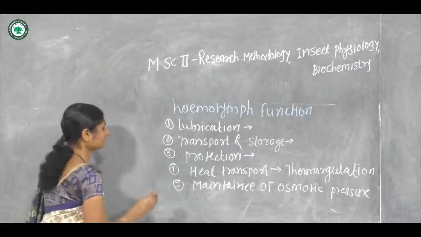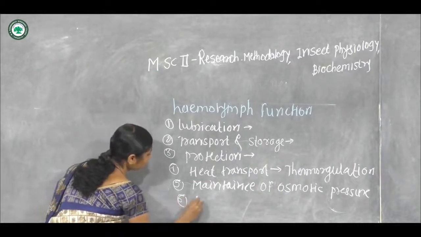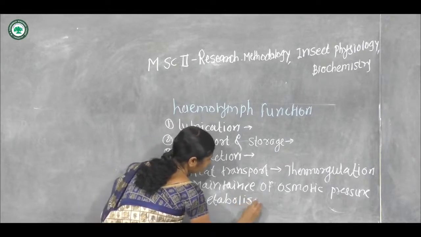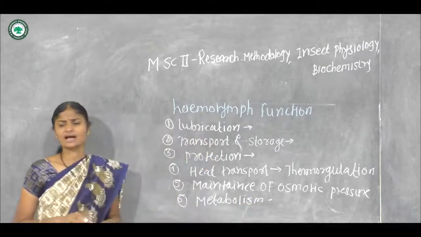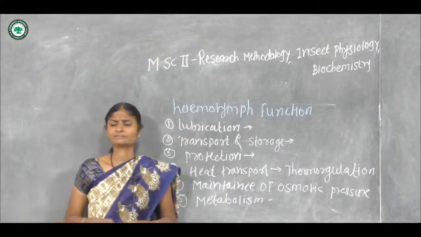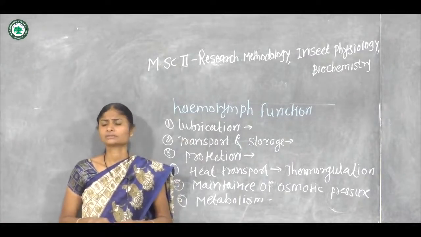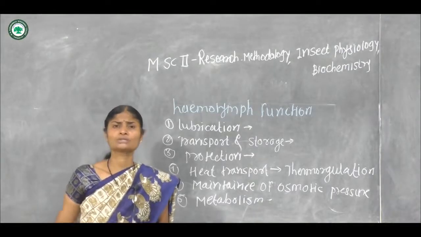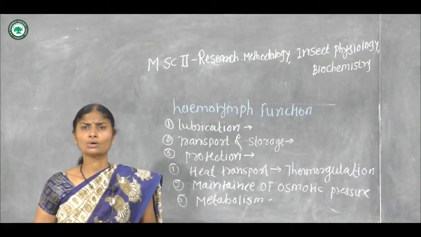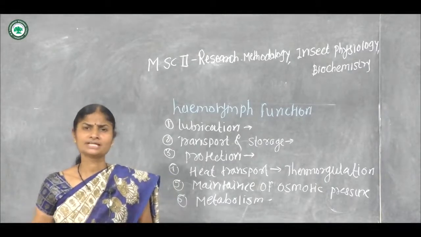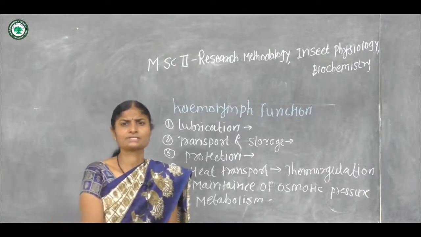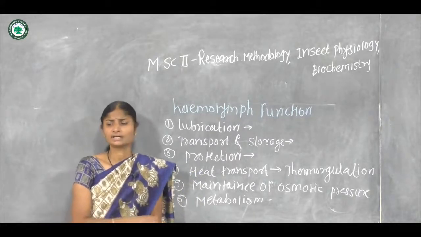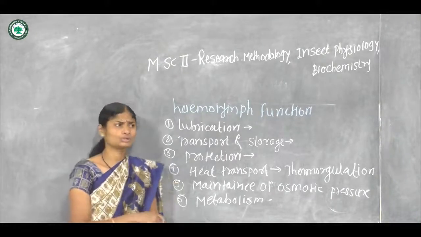Next point is metabolism. These hemocytes are involved in ongoing metabolic reactions, for example trehalose present in the insect. In insects, trehalose sugar is present, and this trehalose sugar is converted into glucose.